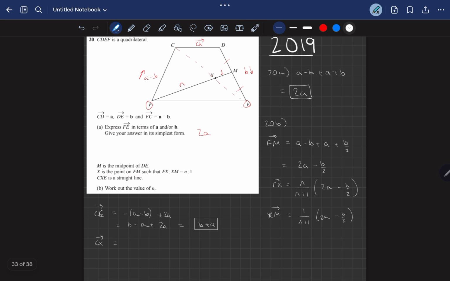I'm going to call this fraction k. So CX is equal to k(B plus A), which is kB plus kA.